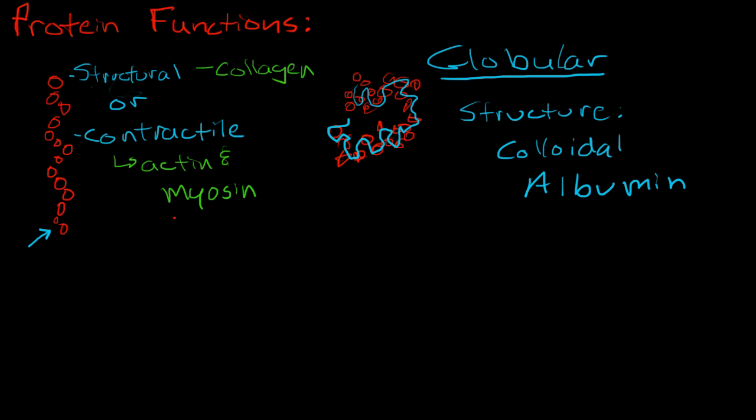And it provides the structure of the plasma by holding fluid within the intravascular space through colloidal pressure or osmotic pressure. Okay. Now, other types of proteins, again, the rest of the types of proteins that I'm going to talk about here are globular proteins.